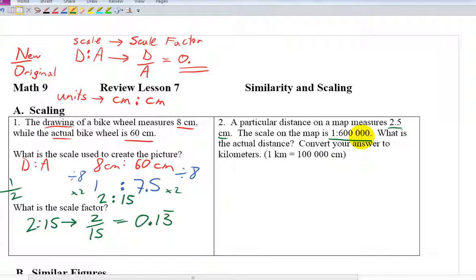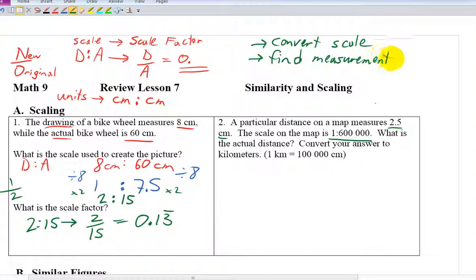Kilometers. Okay, so what you can do is you can convert your scale, then find your measurement. Or you can find your measurement and then convert your scale.